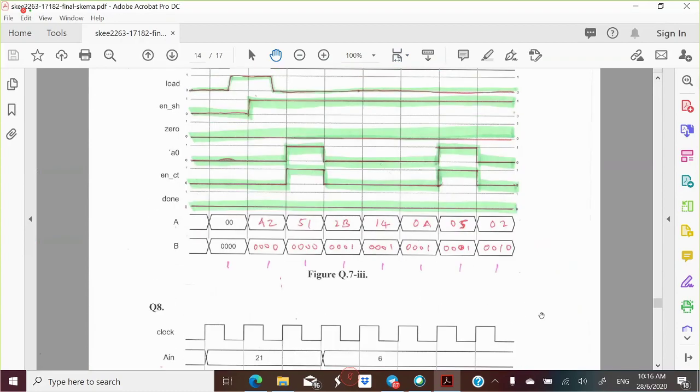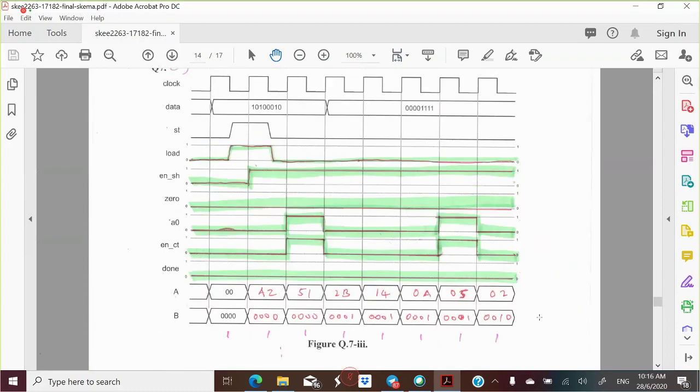Question 8. Wow. Long time ago, the question is even tougher than now. A0, the data, look at it. Data, load. Now here, load and start together, but I think even if you put a load earlier, it's also acceptable. And the load, because it's input, it doesn't have to turn off.